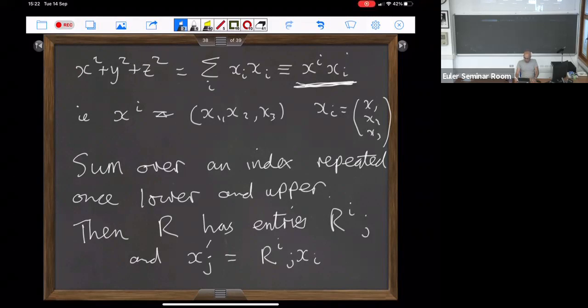So in this notation, we can write the entries of the matrix R as R upper i, lower j. And you see that when I'm writing x prime j as the transformation of x lower i, the i index is summed over, and that's just matrix multiplication of a matrix times a vector.